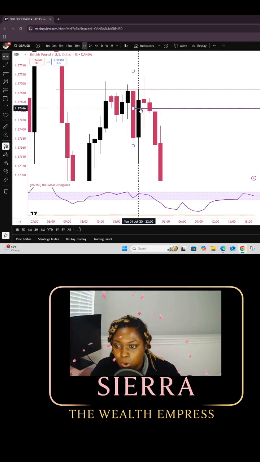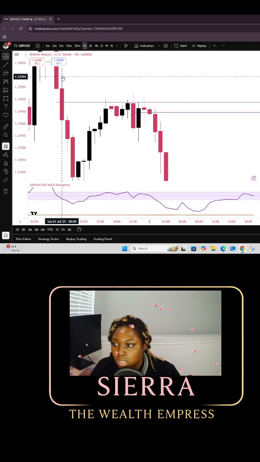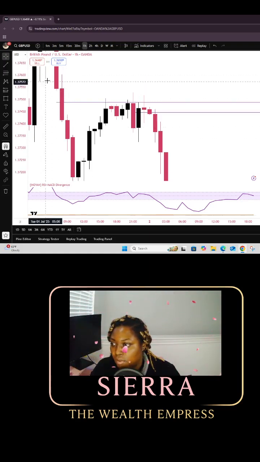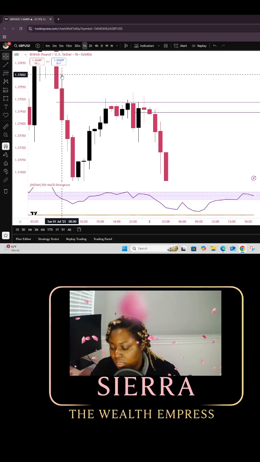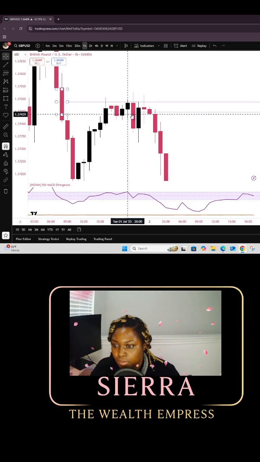All right, and this purple line was 50%. Price came back to 50%, and I entered a sell limit, and price continued to go a little higher, but my stop loss was here above the wick of the candle that created the fair value gap.